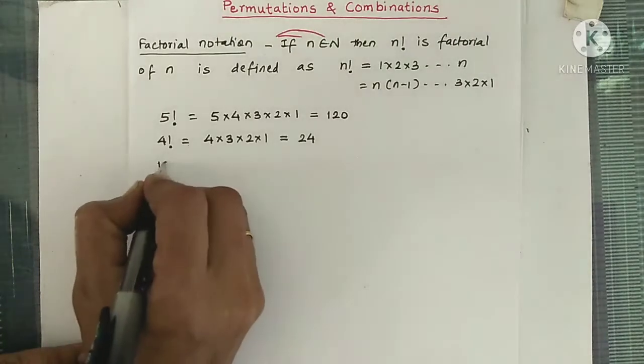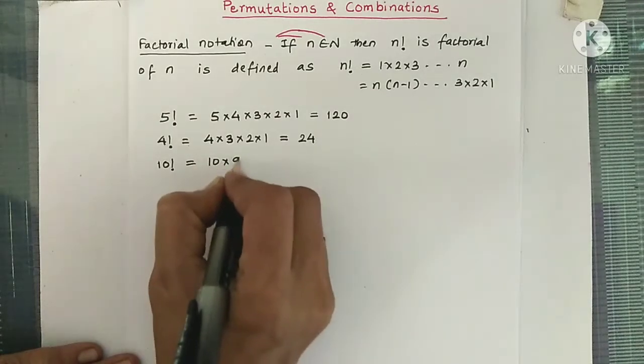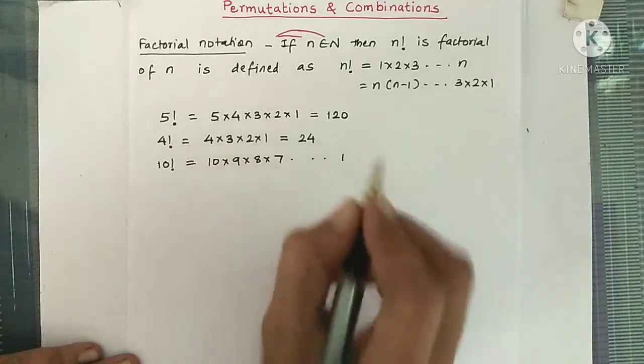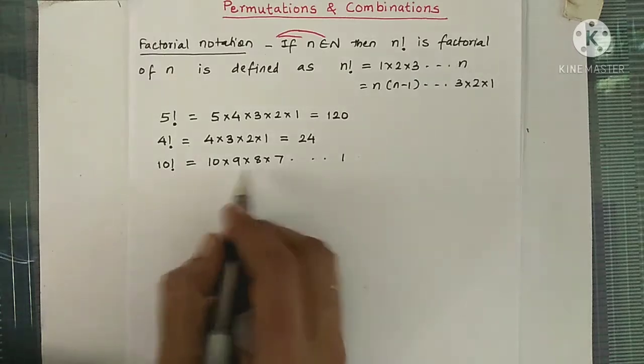If it is 10 factorial, then 10, 9, 8, 7, and so on up to 1. It is a very large number, so we are not calculating it, we are just writing the meaning of 10 factorial.